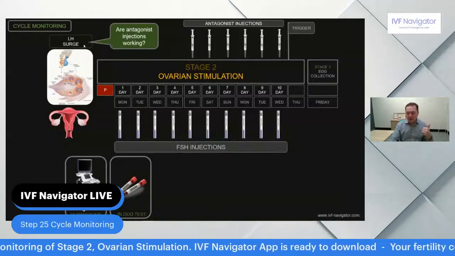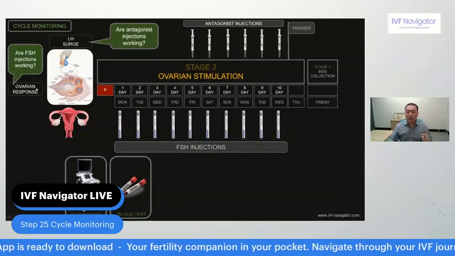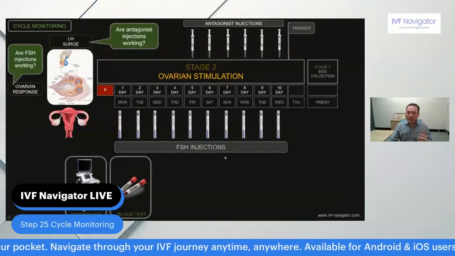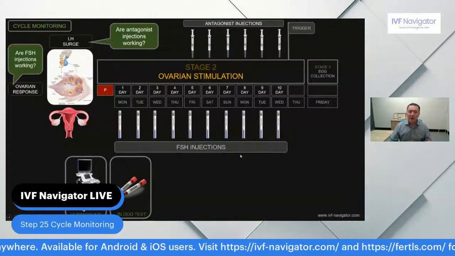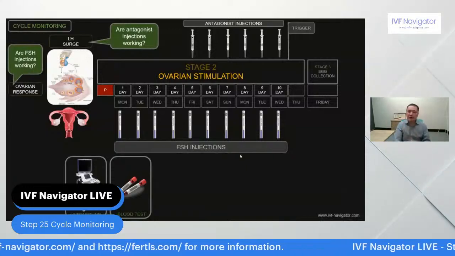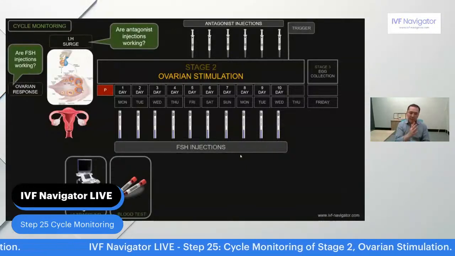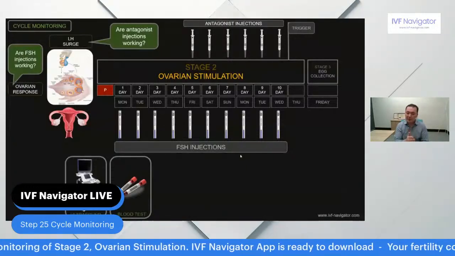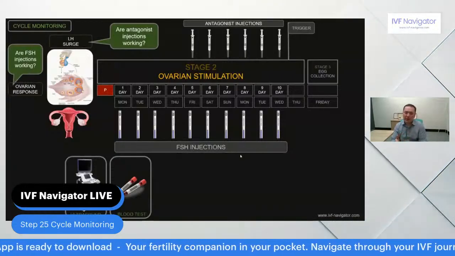The second purpose of cycle monitoring is to check if your ovaries are responding to stimulation. When we say stimulation, we mean the FSH injection. Once you're having daily FSH injections, for example Gonal-f or Puregon, one of those FSH injections, we have to monitor to check if your ovaries are actually registering the FSH and responding to it.